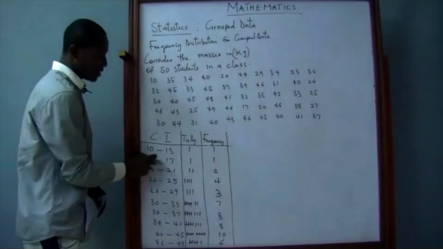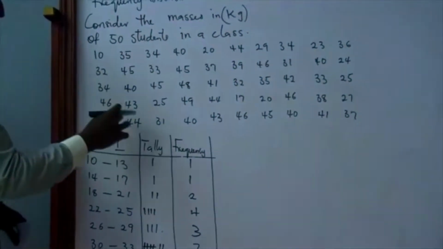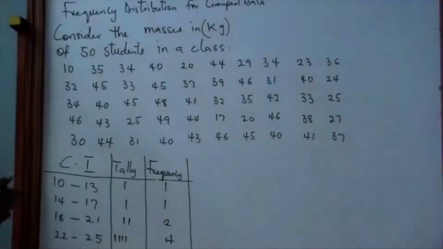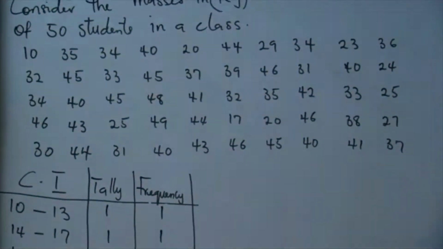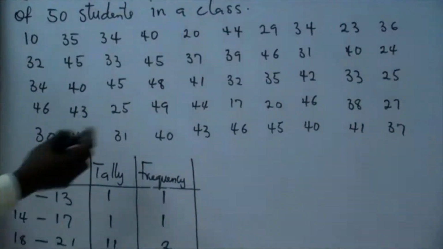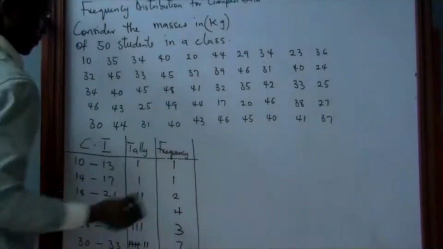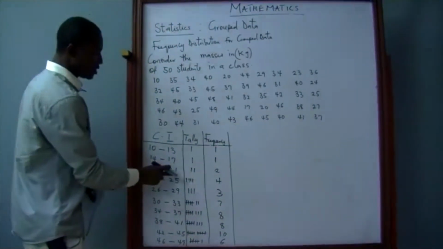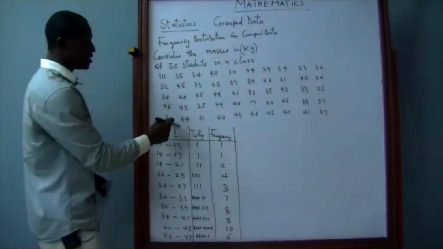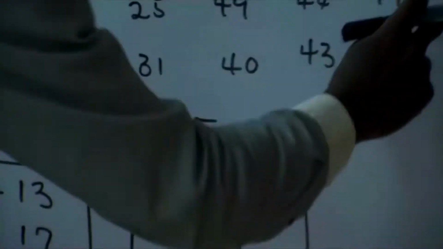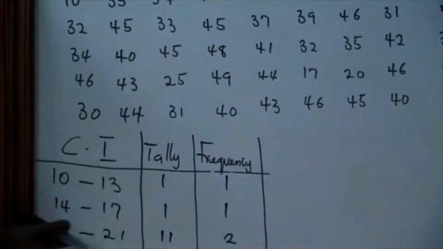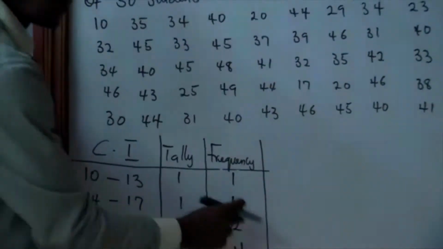Then between 14 and 17, we have only one number, which is 17. And 18 to 21, we have 20, and we also have 20 again. So 20 is between 18 and 21, and that's how I got 2.